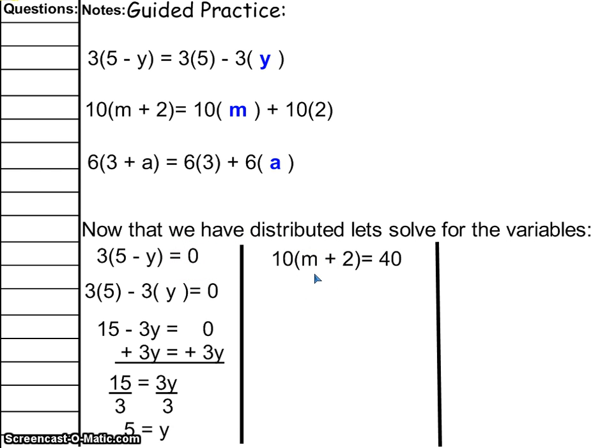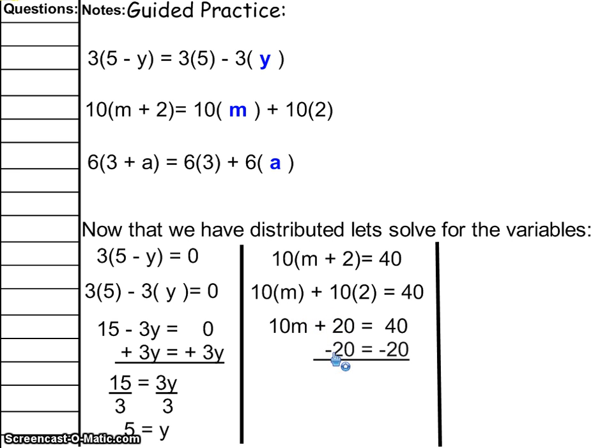Here we have 10 times m plus 2 equals 40. Again, distribute the 10, multiply, and since we can't add our products together, we're having to isolate our variable. I want to get rid of the positive 20, so I'm going to subtract 20 from both sides, and I'm left with 10m equals 20.